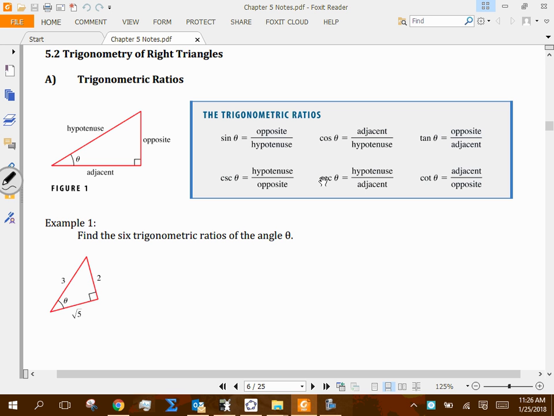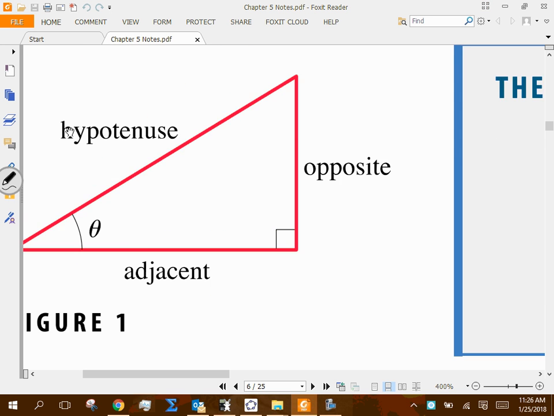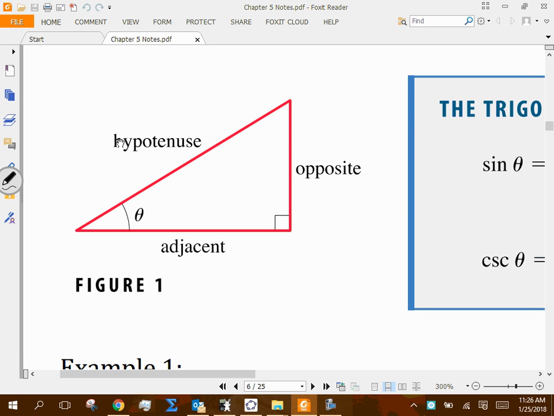If you remember back to geometry, I gave you this picture right here, and we identified a particular angle that we were interested in. We're interested in that angle theta there, and then we started labeling the sides that were opposite to theta, so across from theta. We wanted to label the side that was next to theta or adjacent to theta, and then obviously our hypotenuse.